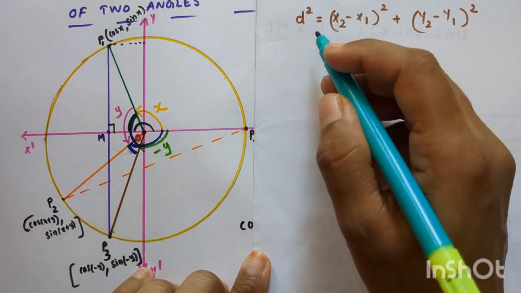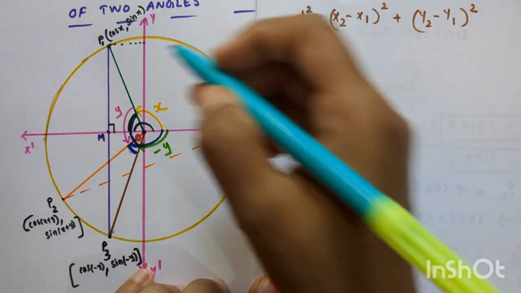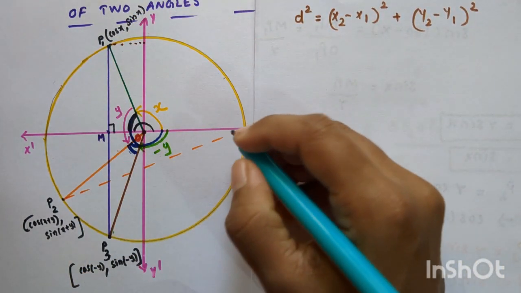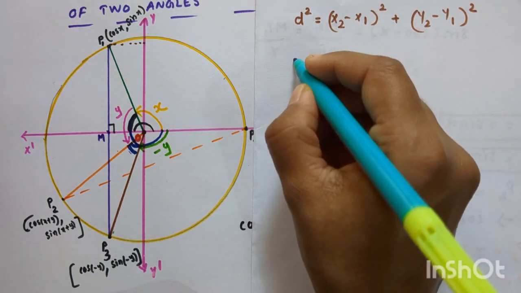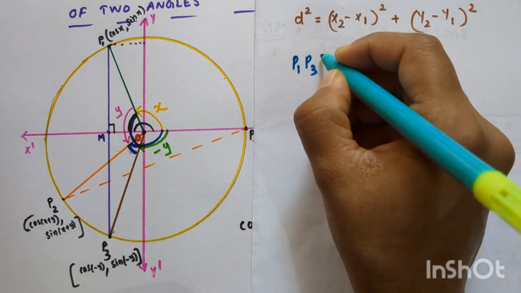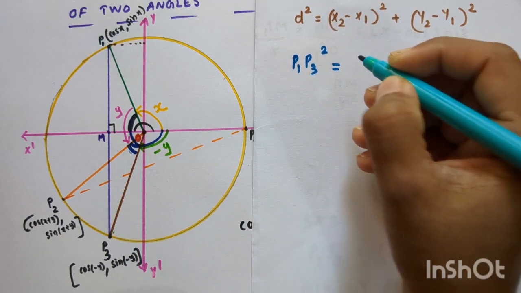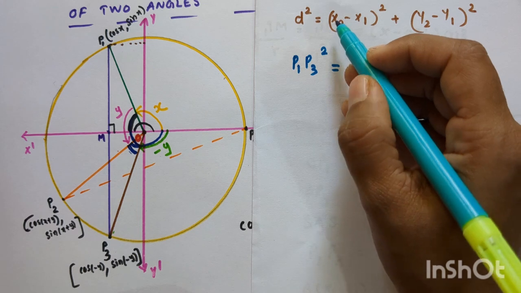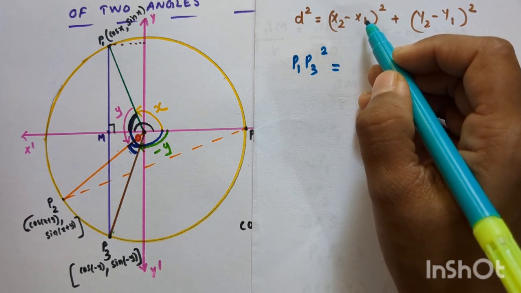So here, by using this distance formula, we can write the square of the distance between P1 and P3. P1, P3 all square will be equal to x2 minus x1, that is the x coordinate of the second point minus the x coordinate of the first point.